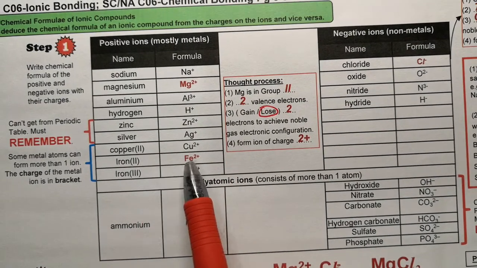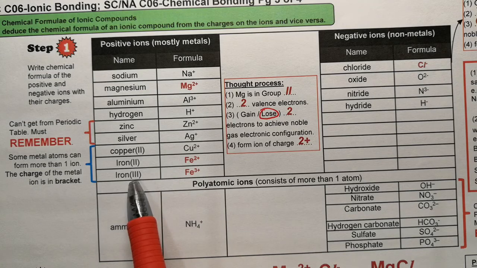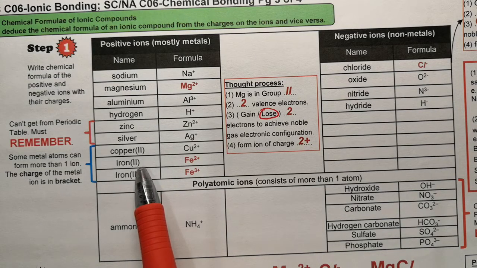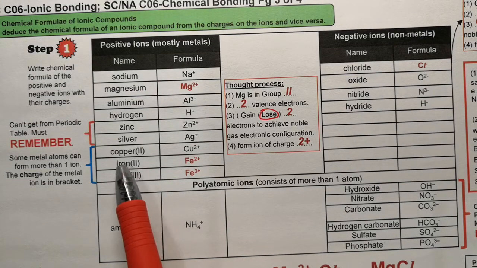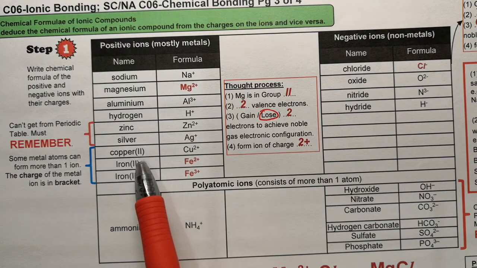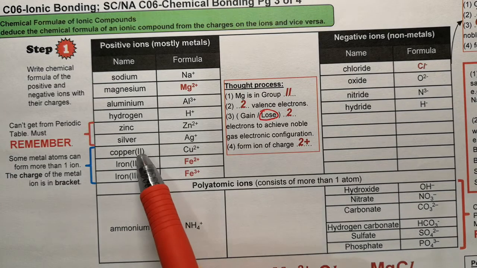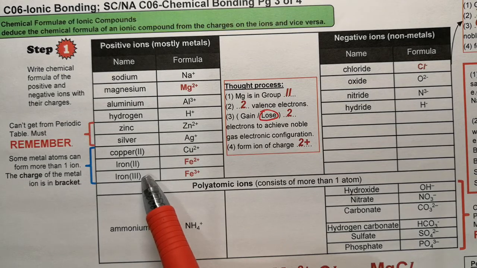Likewise for iron. Iron also has no group. Iron can form iron 2, iron 3. And again, which one is it? It is given to you. Iron 2 means Fe2+. Iron 3 means Fe3+. So the charges are actually denoted by the Roman numeral in the name.